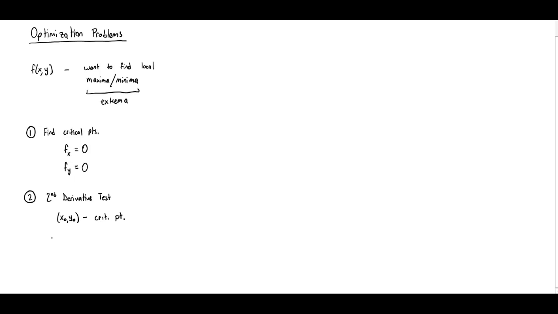Now, you're going to need to do two things here. So you need to compute this quantity, which I'm just going to call capital D. This capital D is the expression fxx times fyy minus fxy all squared.